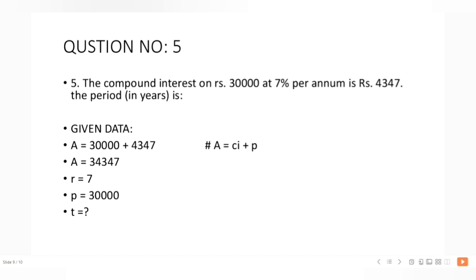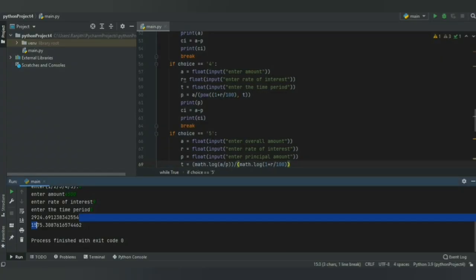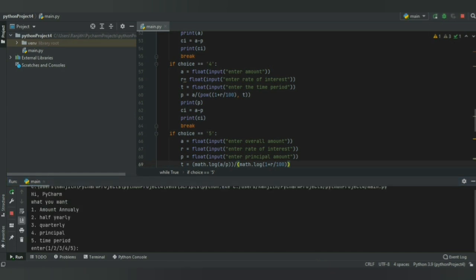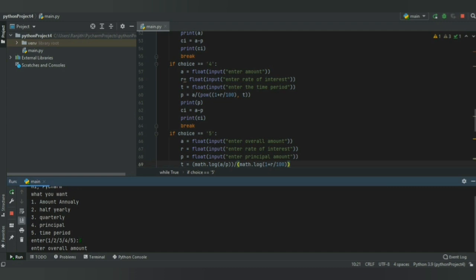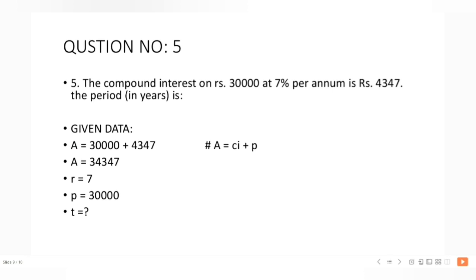So open PyCharm. Run again. Now 5. Enter overall amount 34,347. Rate of interest is 7. Wait, something is wrong. Rate of interest 7, principal 30,000.